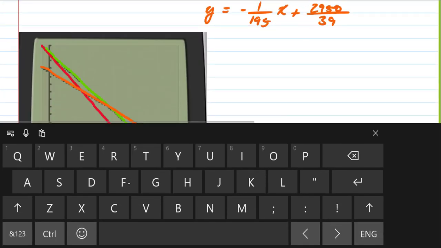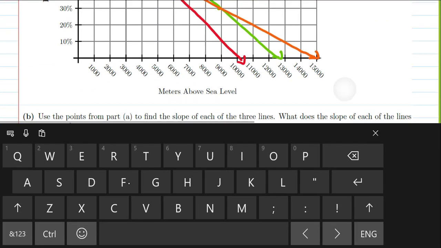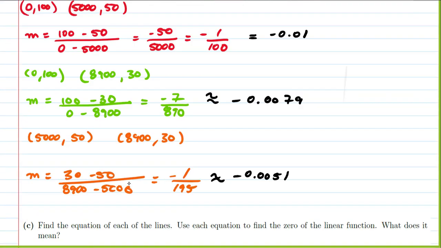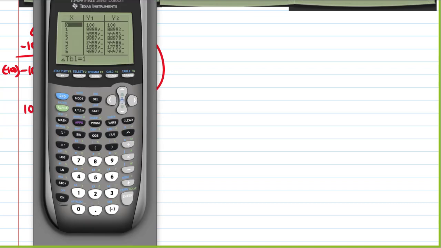So if we look at our original graph, what are our x's changing by? Thousands. So that seems like it would be a good way to look at it. So we change our delta x to 1,000. And now we can see our percents oxygen and so forth when we look at them in our table. So we'll notice in this, they're very hard to read because it's giving us fractions.